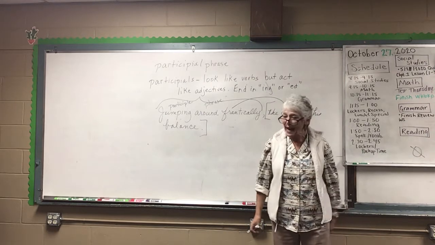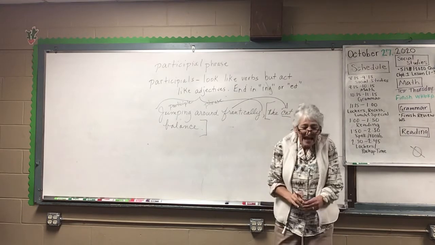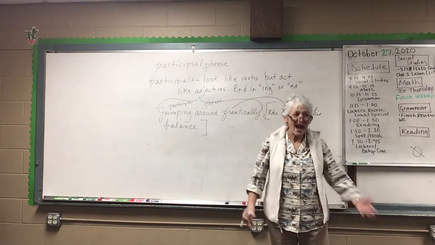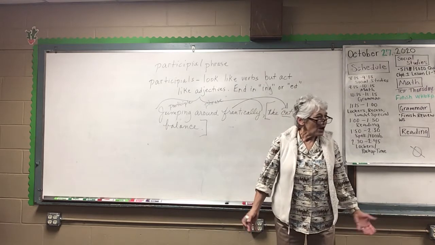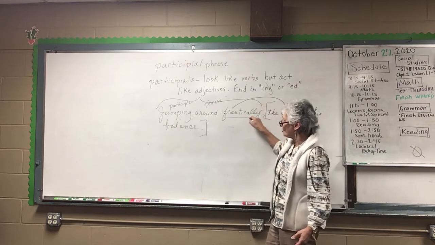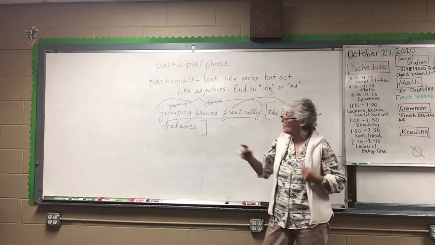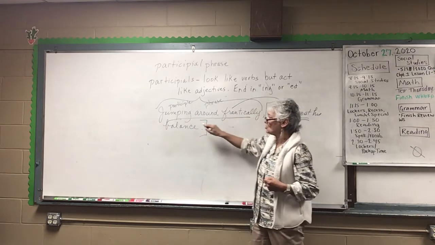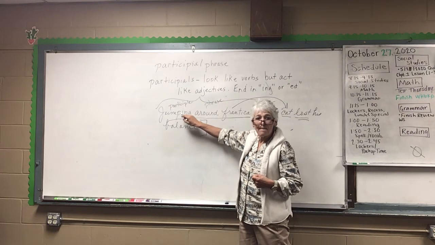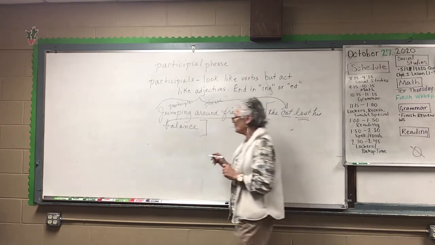It's not a black cat. It's not a skinny cat. It's not a tiny cat. It's not an ugly cat. It's a jumping around frantically cat. What do we call the three words here? Now, not all phrases have to have three words. It can be a one-word participial. This one happens to have three words with it. What do we call this? An introductory participial phrase.